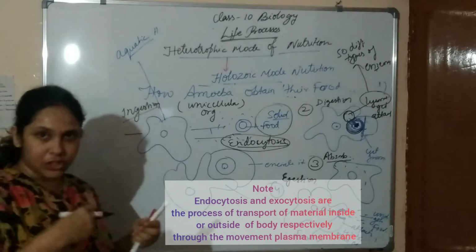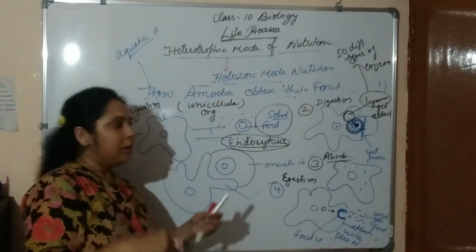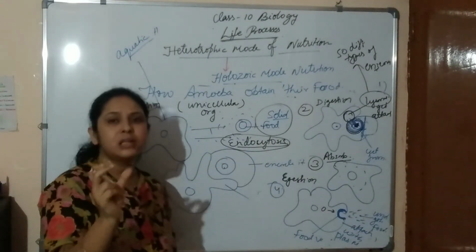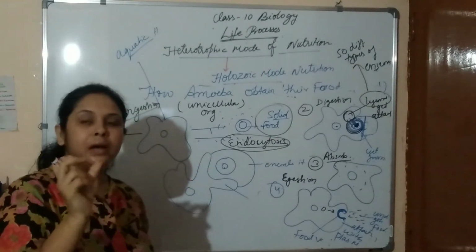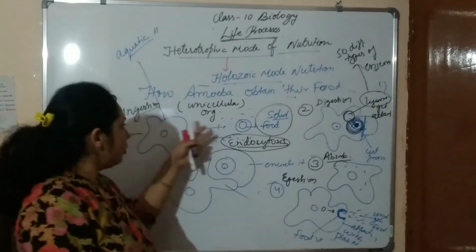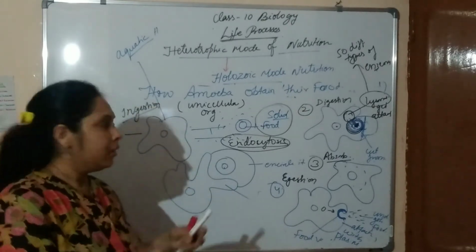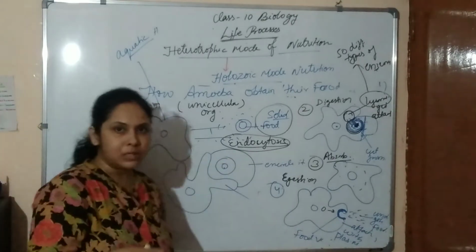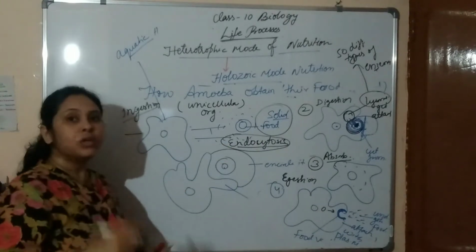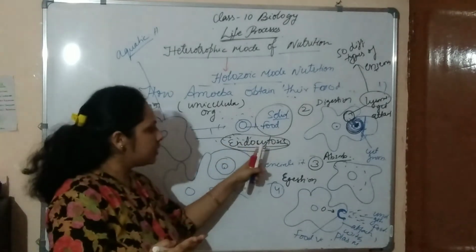Basically, it is ingestion, the taking of food, but endocytosis is the activity done by the plasma membrane. The finger-like projection through which they take the food, we call endocytosis.